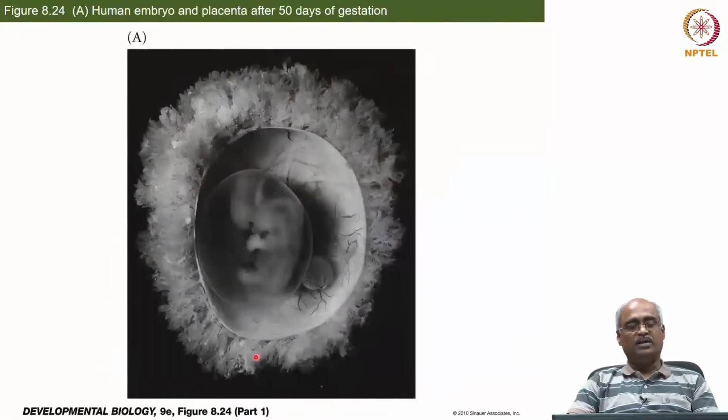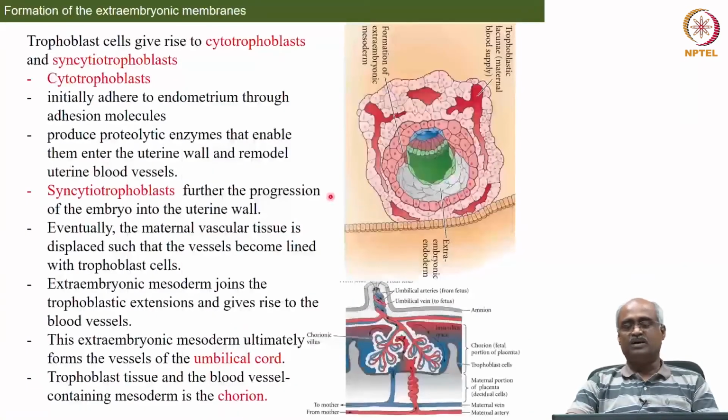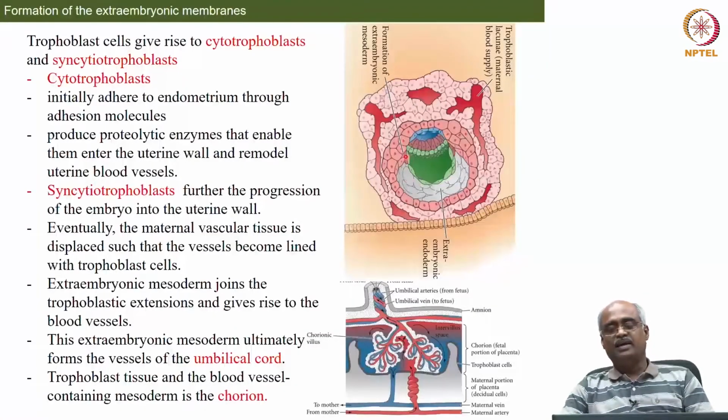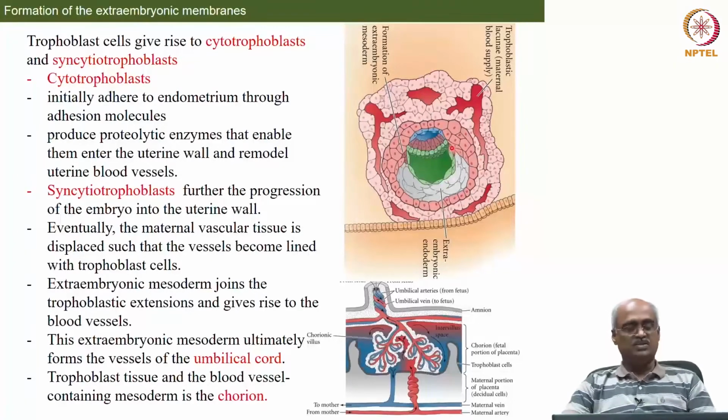Okay, and the extra embryonic mesoderm that we saw earlier, like these cells here, this coming up here, a couple of them are visible in this and one in this side. So these are the ones that are eventually going to form the blood vessels from the fetus side, okay, and that is what is going to give rise to the blood vessels within the umbilical cord.